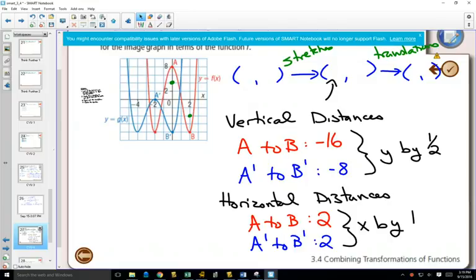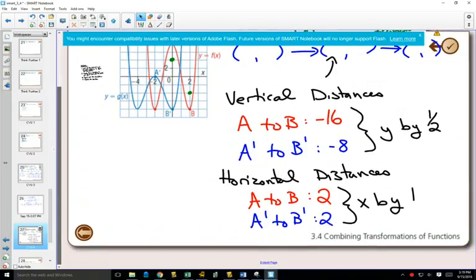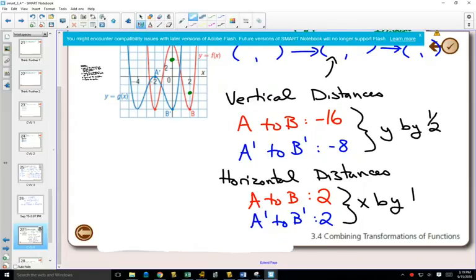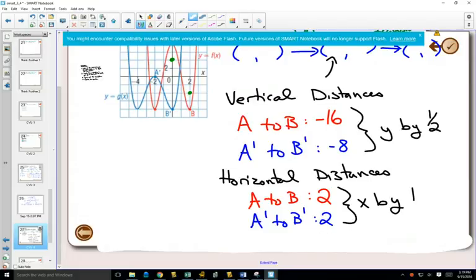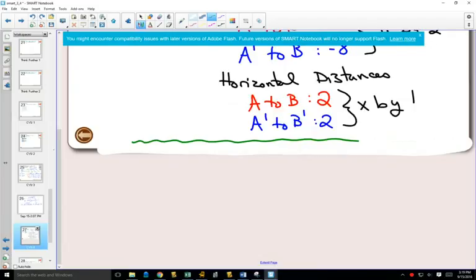Once you've done that, how would I have to move those green points to match up with the points on our blue graph? What would I have to do? 4 down and 2 to the left.